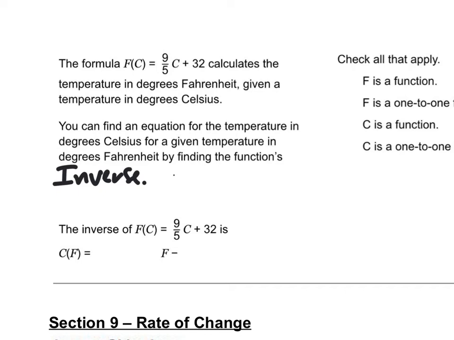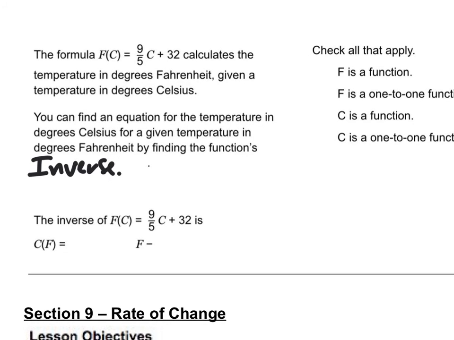The inverse of this function. Before we fill in these things, let's take f of c and just write it like this: f is equal to 9/5 c plus 32. And what I want to do is just solve this for c.